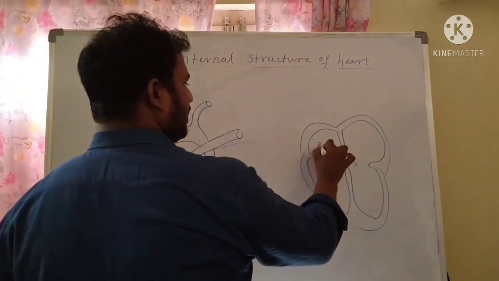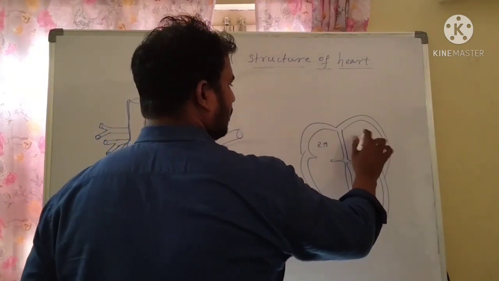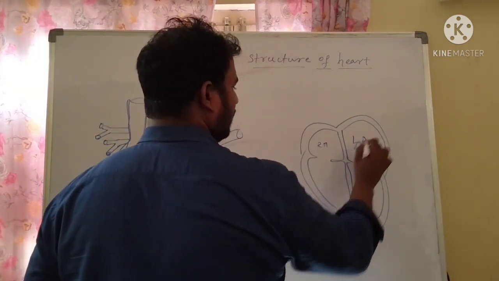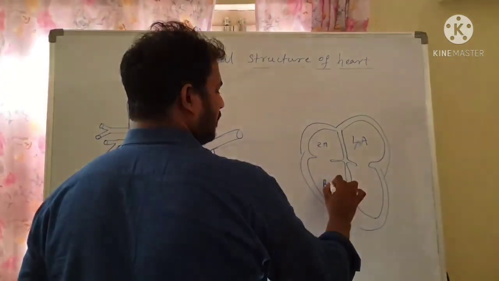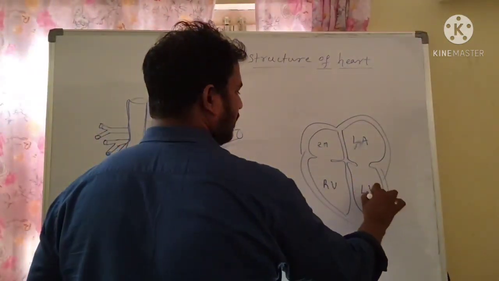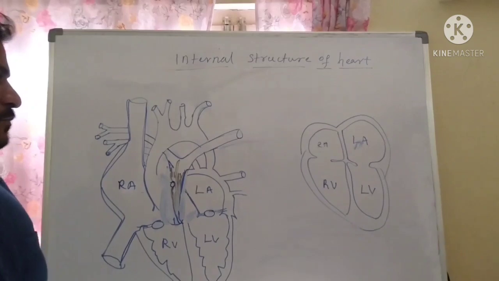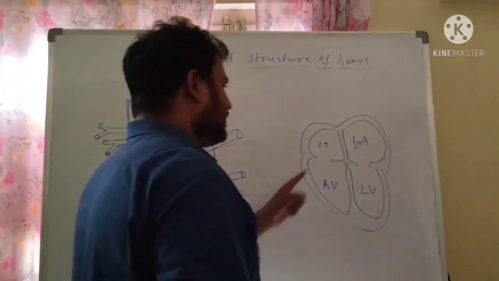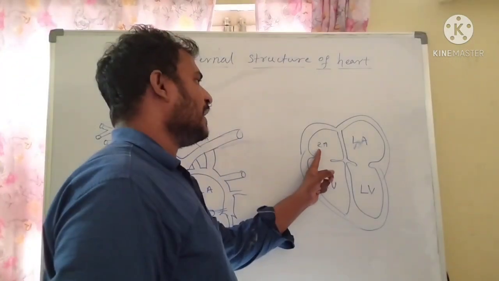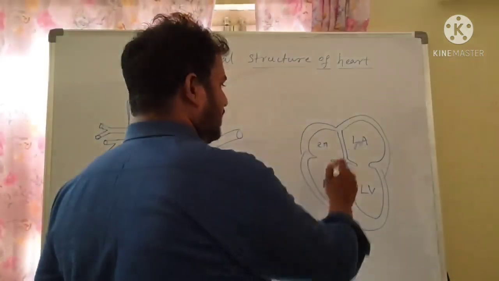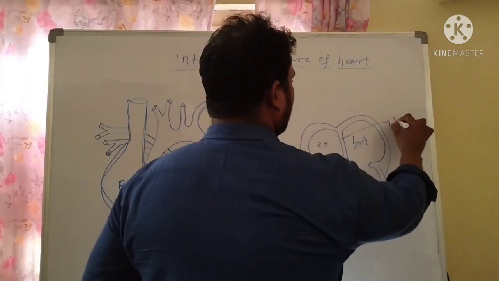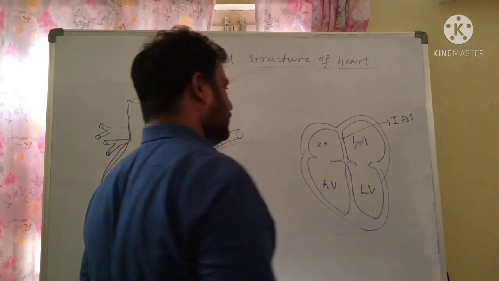So this is the right auricle, left auricle, right ventricle, left ventricle. The septum present between the right auricle and left auricle is the interauricular septum.